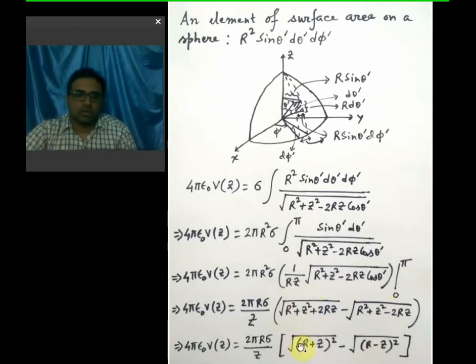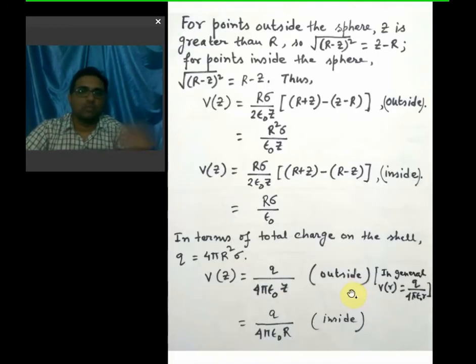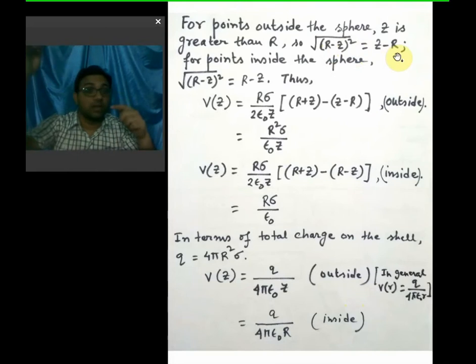Okay, so now if our field point is outside the spherical cell, that means we want to find out the potential outside the spherical cell and also inside the spherical cell. Now if it is outside the spherical cell, then in that case this root over r minus z whole square we have to put as z minus r, because z is greater than r.